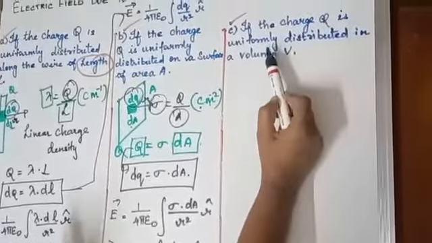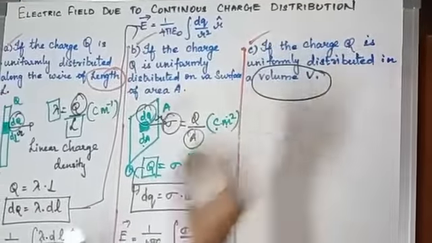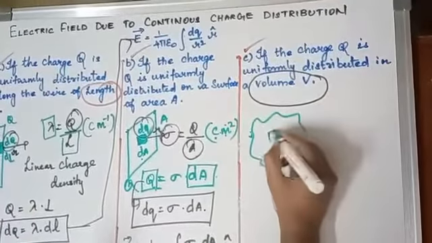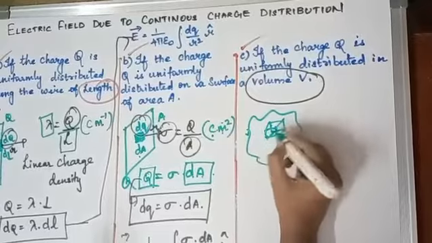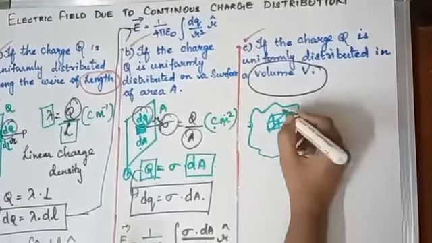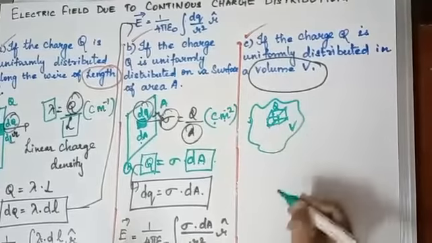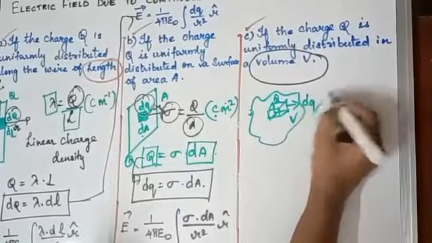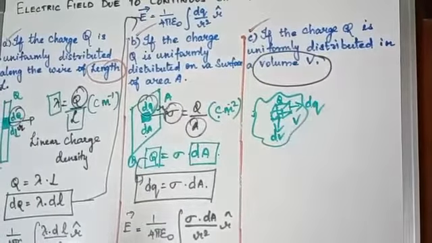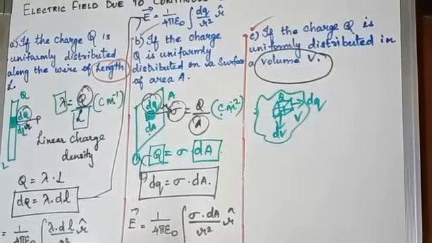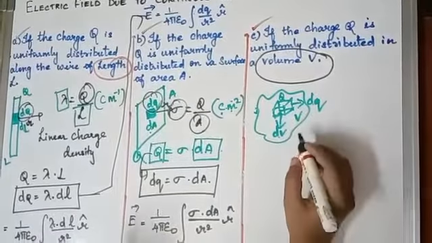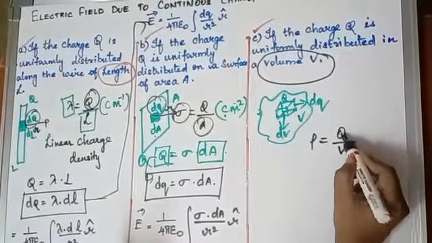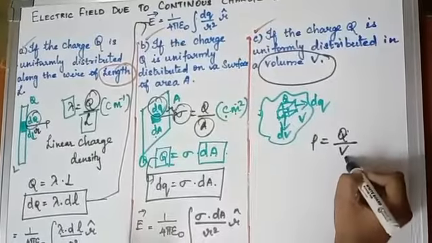If the charge Q is uniformly distributed in a volume V. Let us consider this as an object and find the volume of the object. Let the charge on the object be Q and the volume be V. Since we have taken a very small object, let us consider the charge of this object as dQ and the volume as dV. The volume charge density rho is equal to Q by V, that is charge per unit volume.